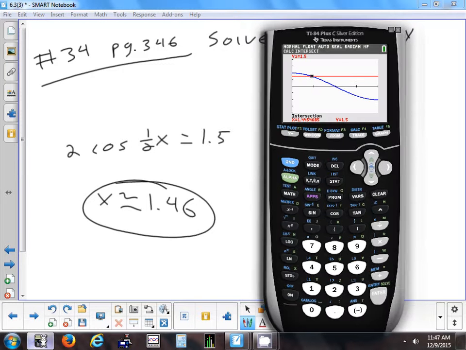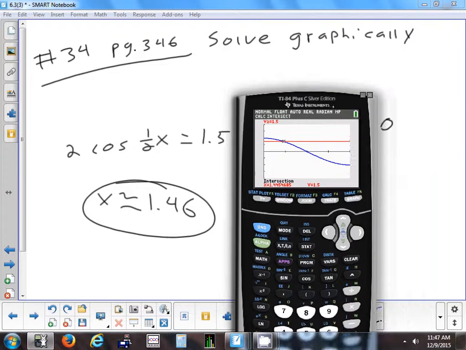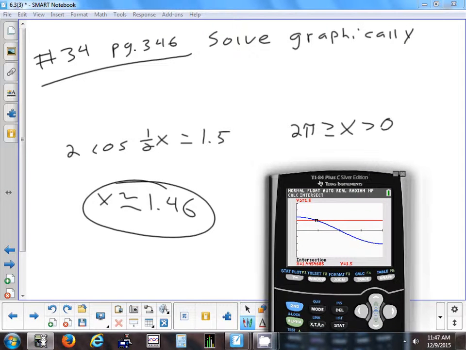Now, did we graph a full period? No, they didn't ask us to. What would be a full period here? 4 pi. This 1/2 causes it to stretch. So normally, if you wanted to see a full period, we'd have to go to 4 pi, and I think you would get another answer. How often is this answer going to reoccur? Infinitely.